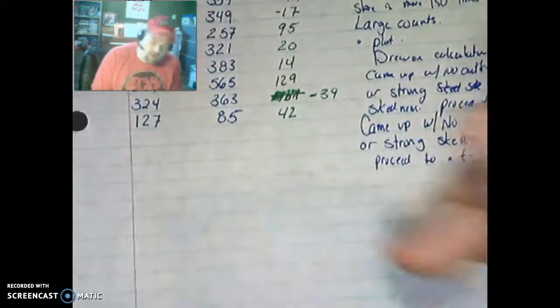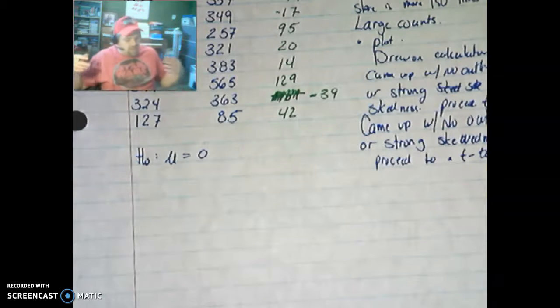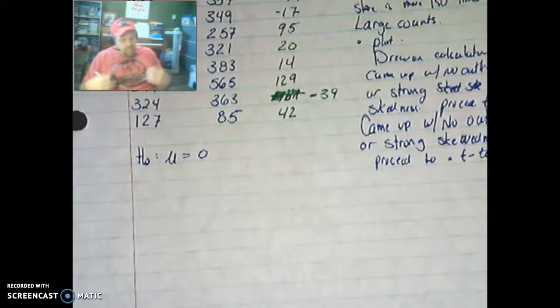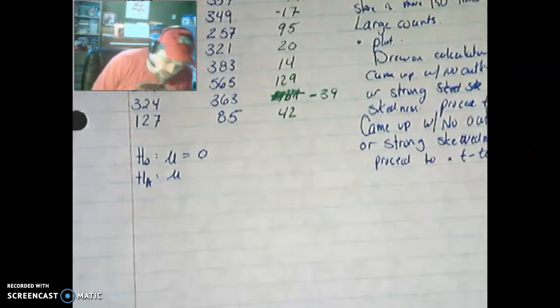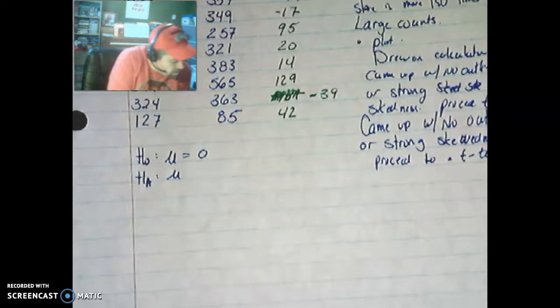Okay, so our null hypothesis, we're going to say the mean is equal to 0, because we want that difference to be 0. We're not saying that there is going to be anything, that there isn't one. Our alternative hypothesis is we're saying that the express lane is faster.